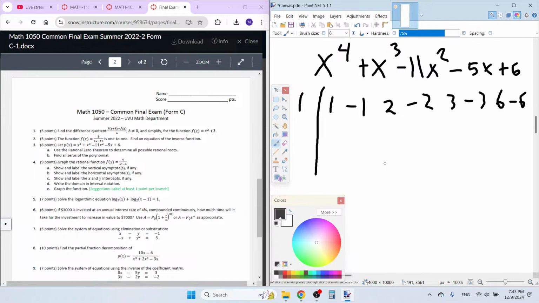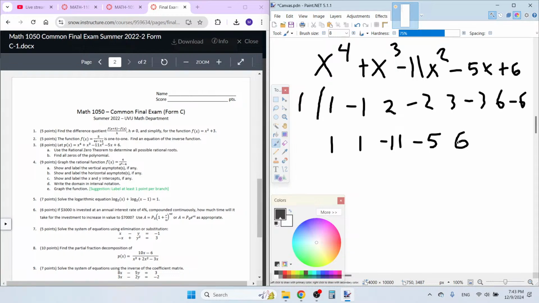So we set up our synthetic division. We have our coefficients: 1x to the fourth, 1x to the third, negative 11x squared, negative 5x, and 6.